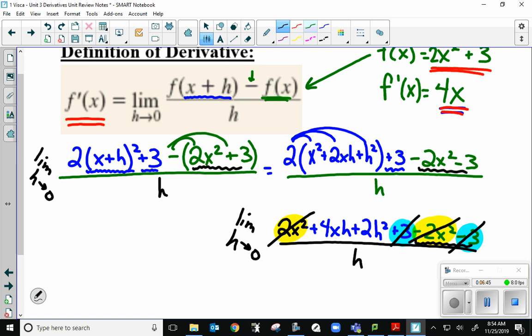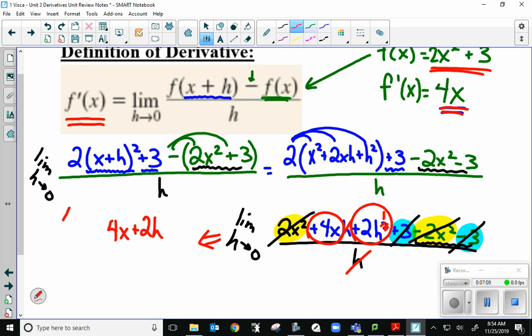And why is that cool for us? Because now I can take an h out of every term. An h from this term, one of these 2 h's, this becomes a 1, and this one is gone. Now I don't have a denominator anymore. I have 4x plus 2h.